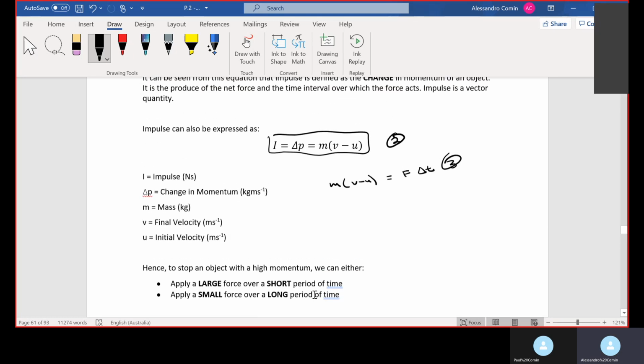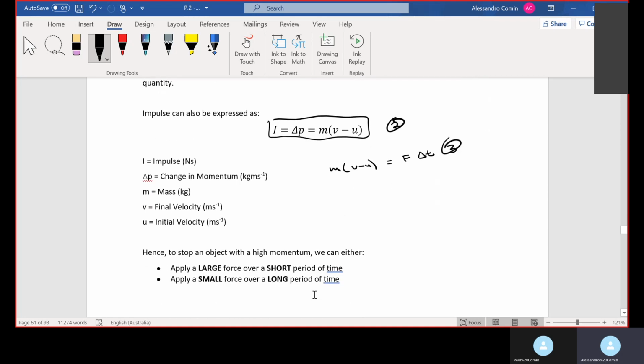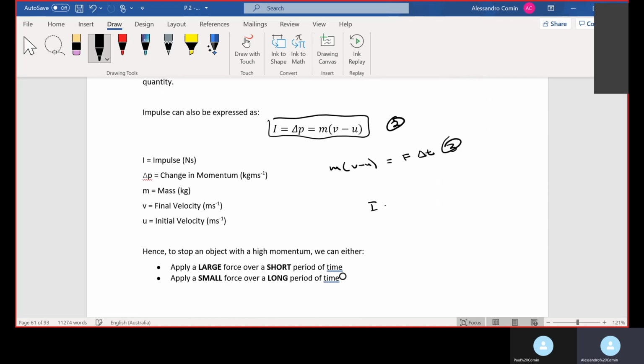Because my impulse through equation 2, I, is just going to be, I don't know, let's say a car's 1,000 kilograms. My final velocity is 0, and my initial velocity is u, which is 20 meters per second. So this is going to mean that my impulse is minus 20,000 kilograms meters per second.